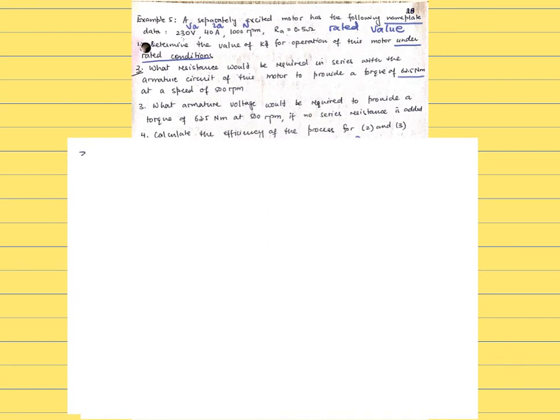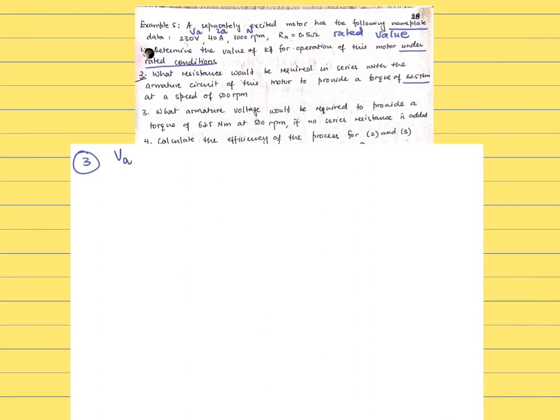So part 3 of the question: what armature voltage would be required to provide that torque at that speed if no series resistance is added? Here it's looking for the VA value. It's saying no resistance added, but still have a torque of 62.5 at a speed of 500 RPM. What voltage at the armature needs to be adjusted?